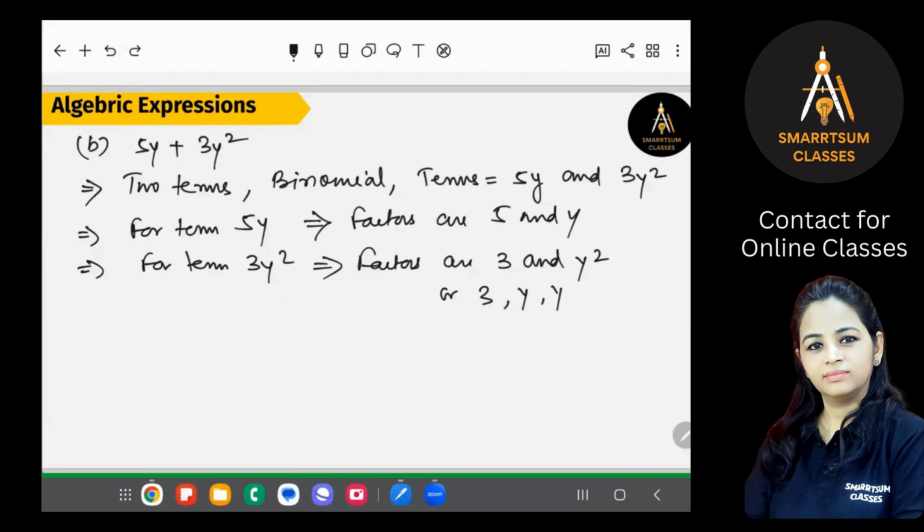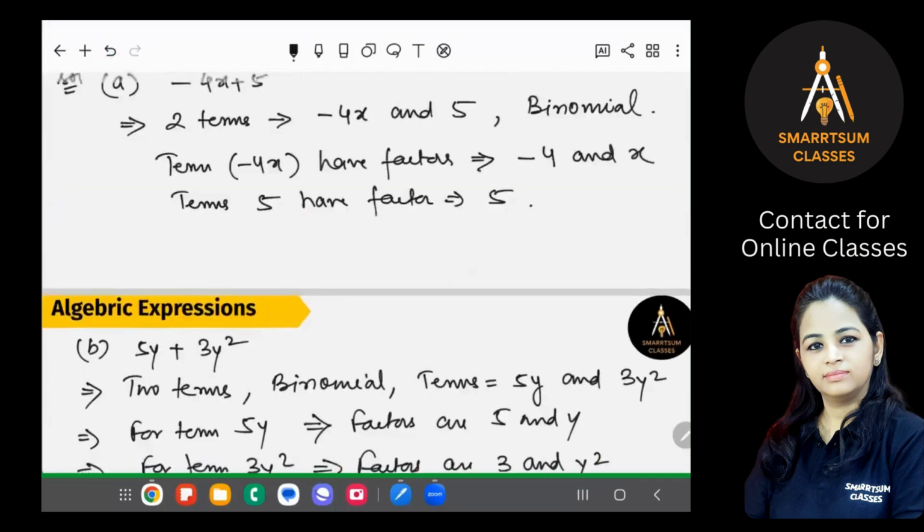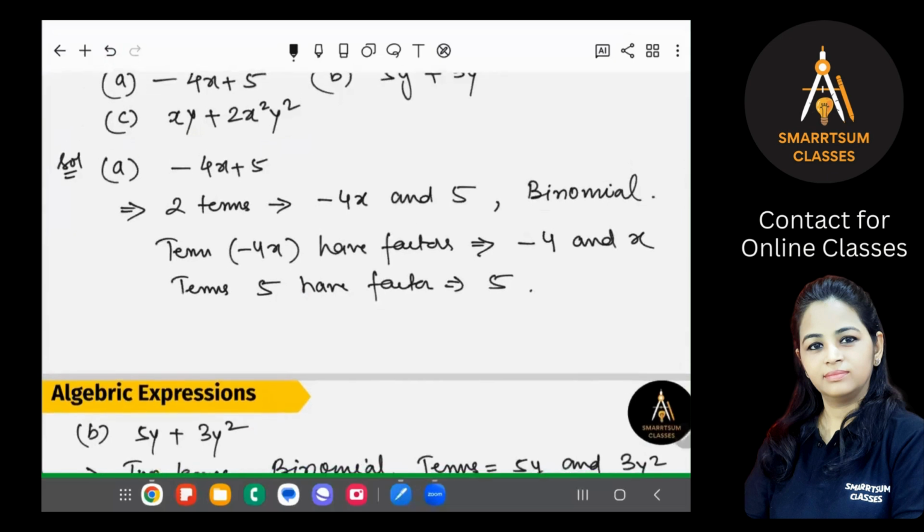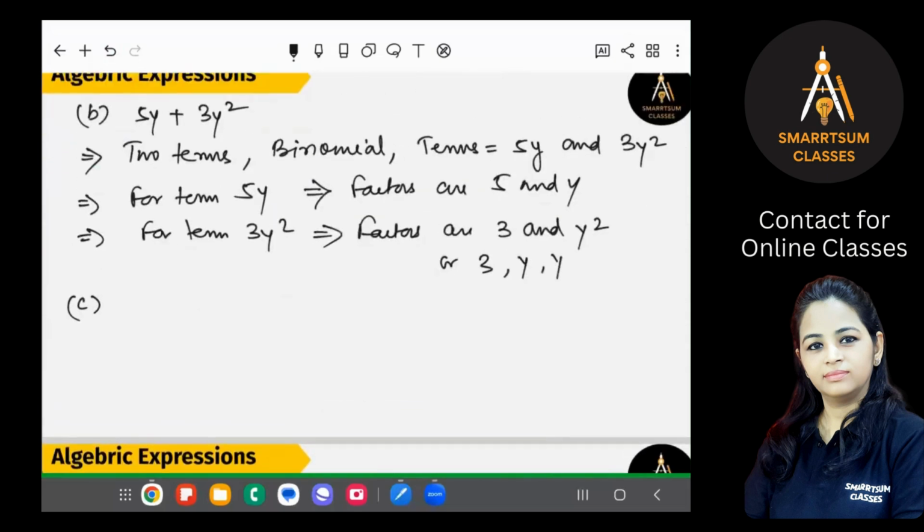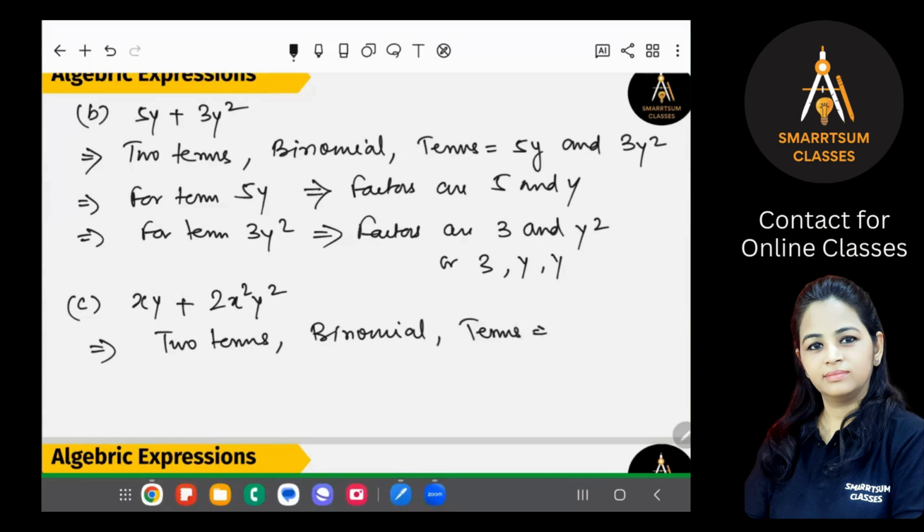Now the C part: xy plus 2x square y square. Now how many terms are there? 2 terms. Means it is a binomial. And what are the terms here? xy and 2x square y square.